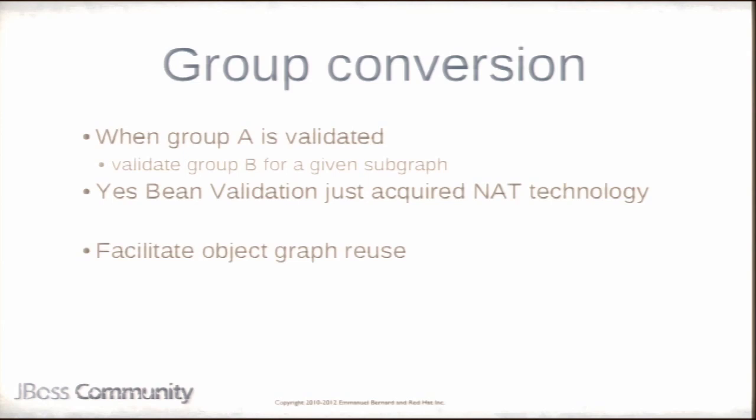By default, if I validate O1 with a group A, I'm also validating O2 with a group A. But sometimes O2 actually has groups that are specific to O2, and I don't want that to leak into the client of O1 validating things. So what group conversion allows you to do is to say, you know what, when you're validating group A for O1 and you're about to validate O2 within this object graph, please switch A to B and go validate O2 with a group B. Okay? It's kind of network address translation technology, but for validations.